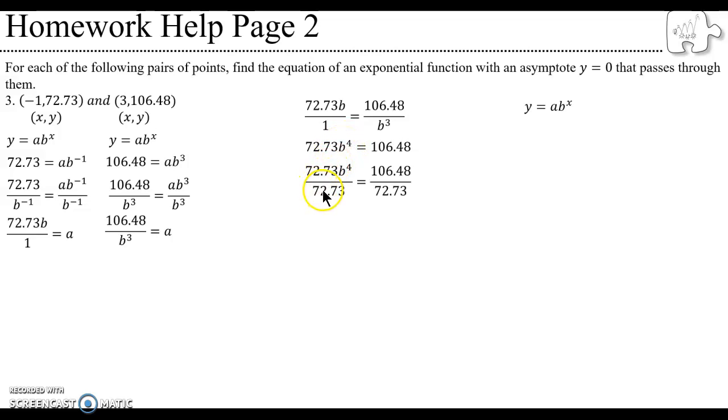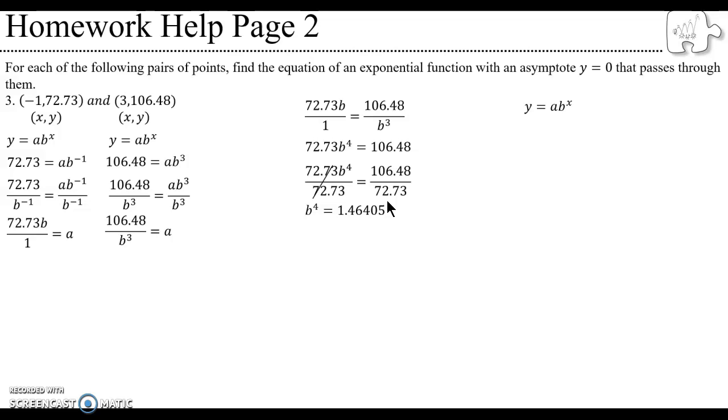So we divide by 72.73 on both sides, make these guys cancel, and then we are just going to be left with b to the 4th power equals 1.46405. That's just 106.48 divided by 72.73, which is 1.46405 approximately.